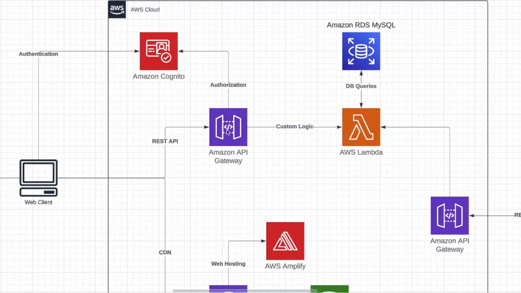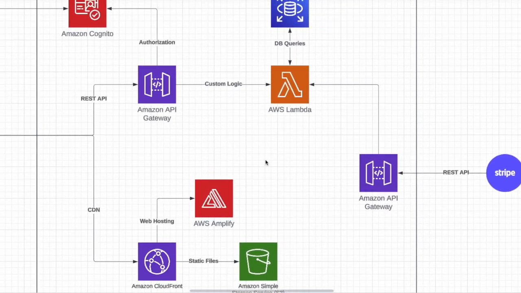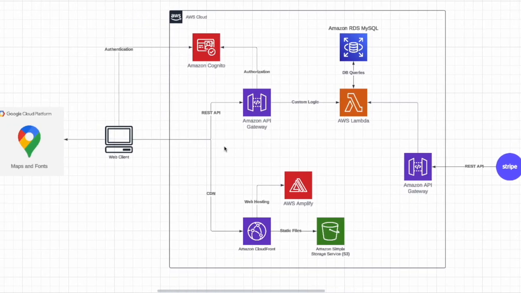Then the API gateway connects to some custom logic with Lambda, which then goes up for the DB queries with RDS. It's using MySQL. And Stripe has a webhook that connects to our API gateway, and which goes into some lambdas and registers Stripe transactions and everything else into the database.